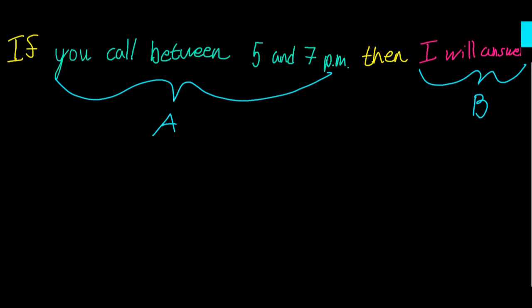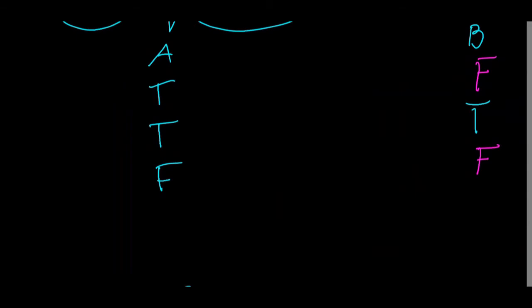So, let's think about the different combinations of A and B, where A can be true and B can be false, A can be true and B can be true, A can be false and B can be false, and A can be false and B can be true.